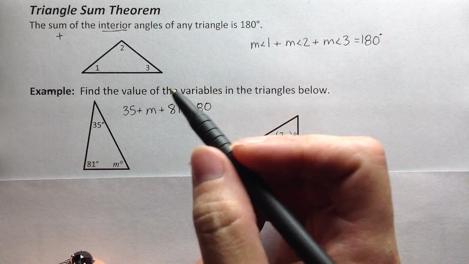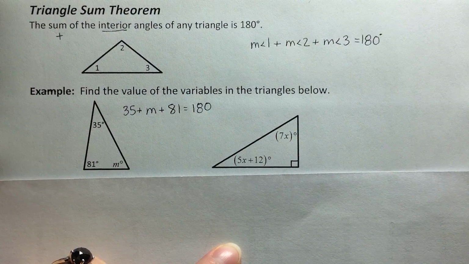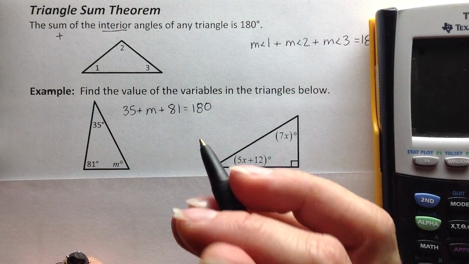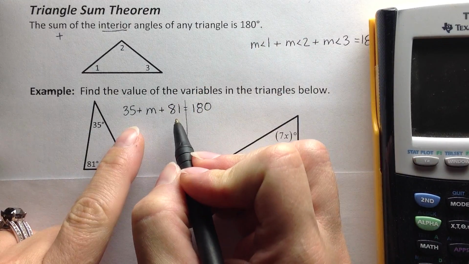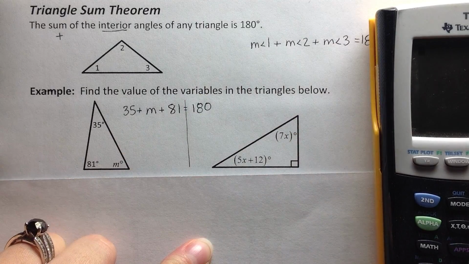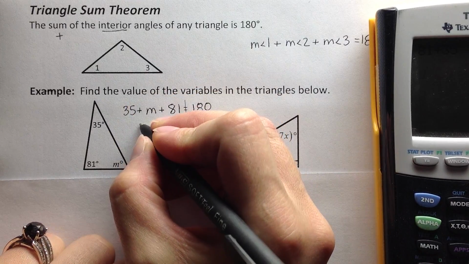Now a lot of students actually, once they get comfortable with these, end up doing this without an actual equation. They get their calculators out. If you look at how you do it as an equation, you're going to add your like terms. So you're going to do 81 plus 35, and you get 116.